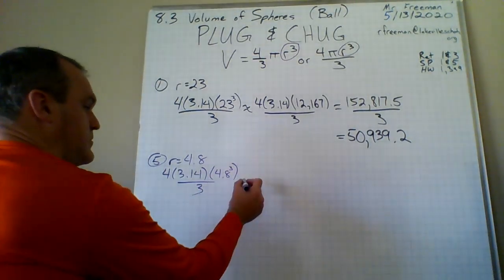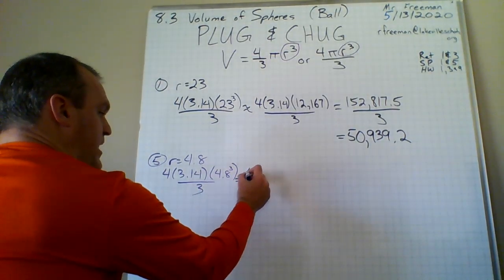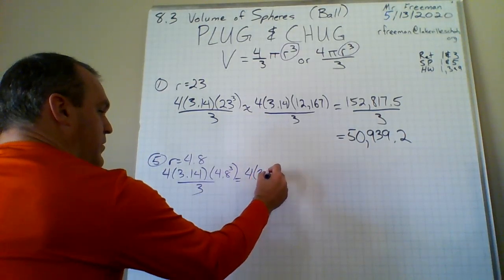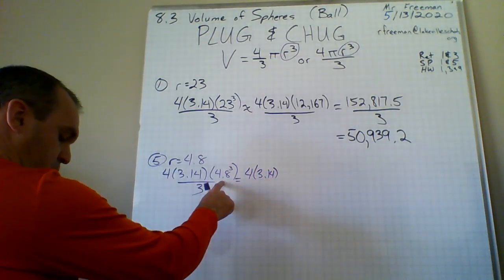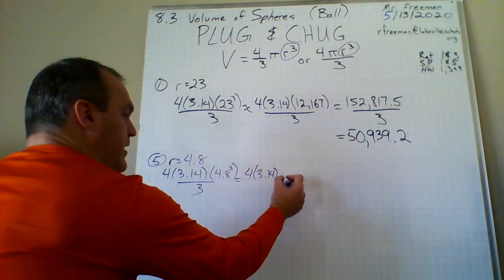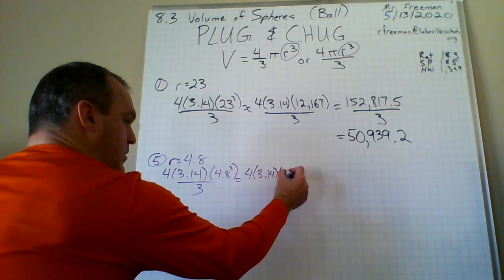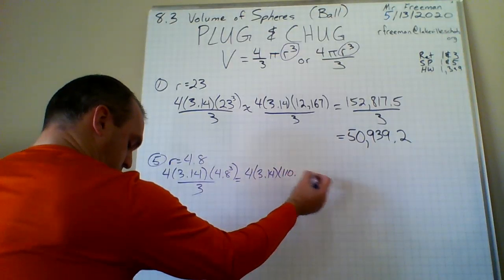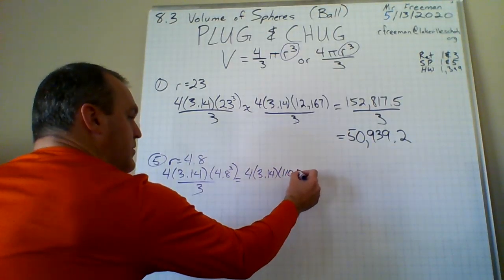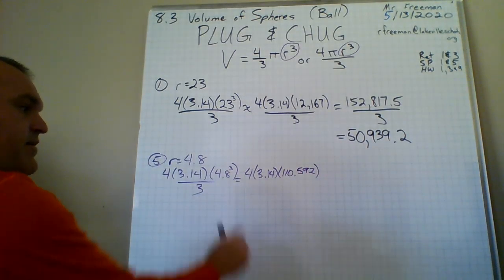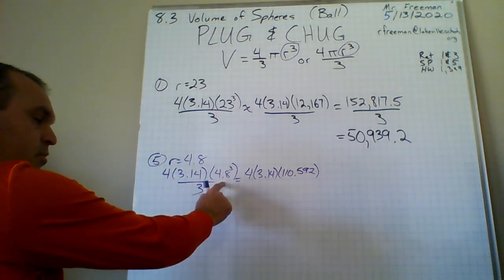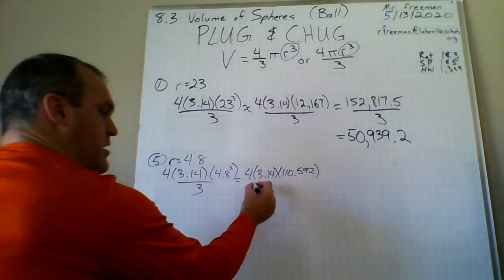Okay? Well, that's the same thing as 4 times 3.14. Haven't changed anything there. 4.8 cubed is 110.592. Just use my calculator to find out what 4.8 times 4.8 times 4.8 is, and you get that.